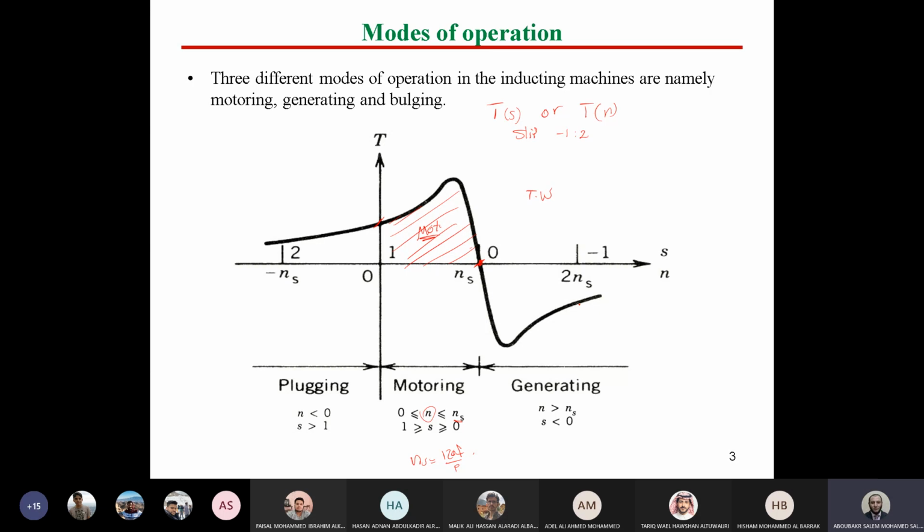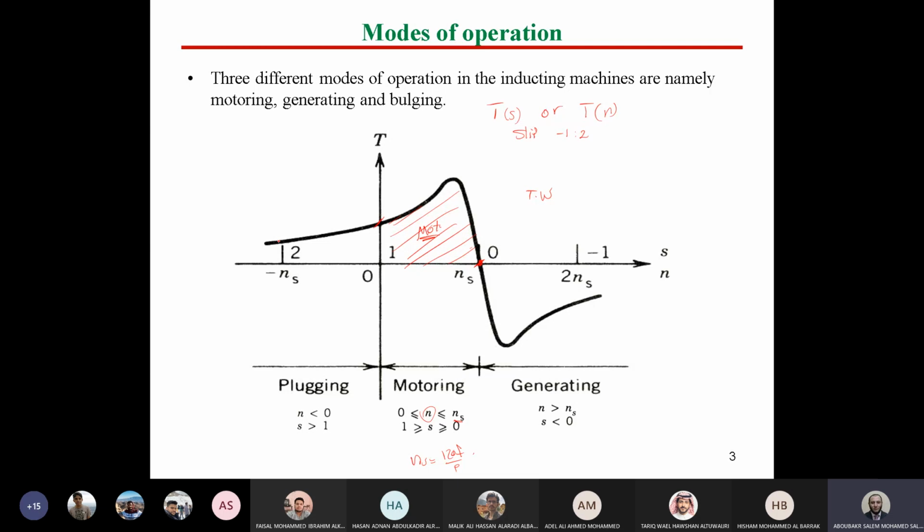Do we have any other modes? Actually, yes. If we reverse the speed of the motor, keeping torque in positive sign, this is called plugging mode. And we use this mode in braking or plugging. Okay, شباب? How can we do that? We reverse the speed direction, keeping the torque in the same previous direction of the motor.